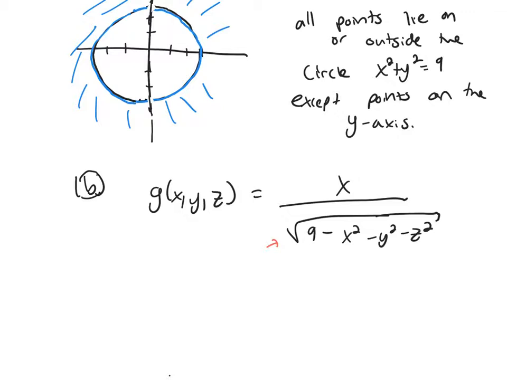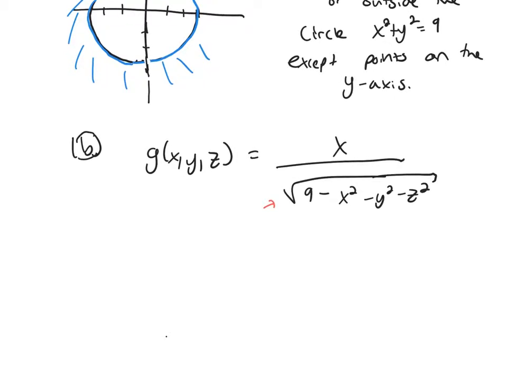So we need to make sure that underneath the square root it can't be negative, but it also can't be 0 because it's in the denominator. So 9 minus x squared minus y squared minus z squared is greater than 0.